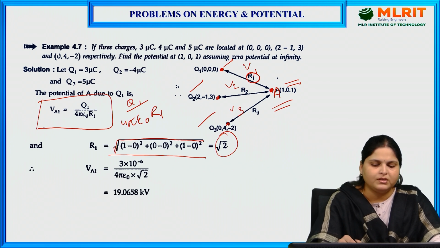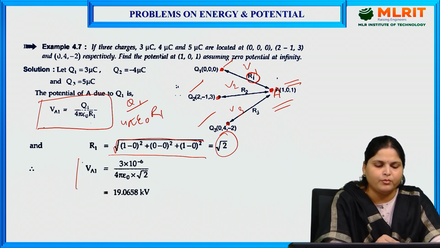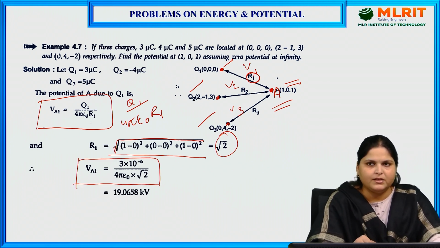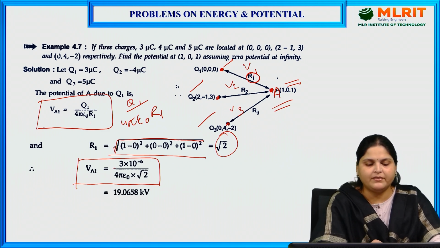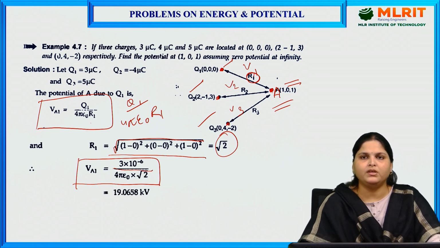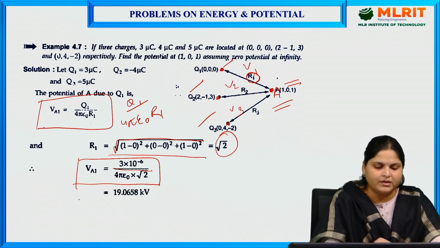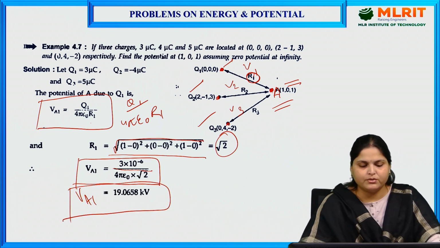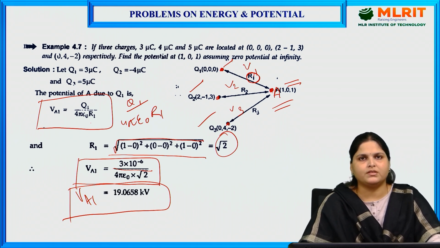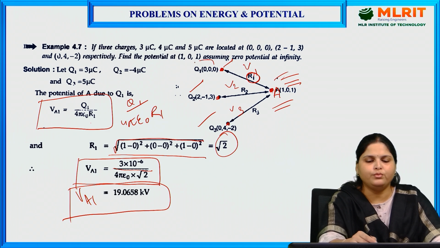Now this has to be kept in the formula, and the potential we obtain is 3 into 10 to the power minus 6 divided by 4 pi epsilon naught into root 2. On further solving, we get VA1 equal to 19.0658 kilovolts.